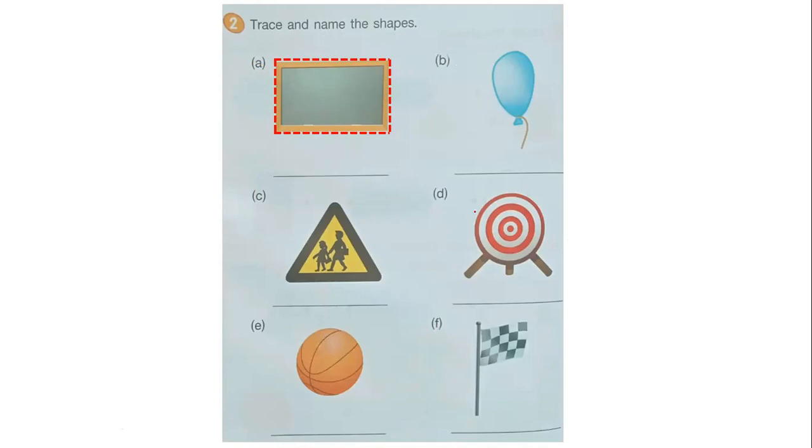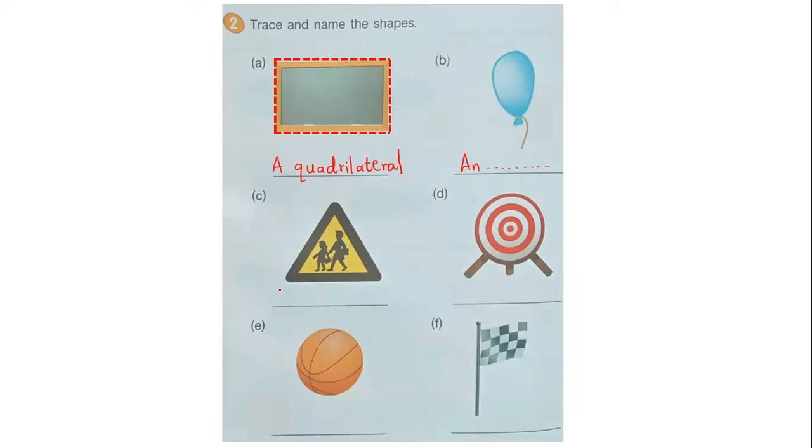Okay, so for part A, we can see that this is a quadrilateral. Okay, this is a quadrilateral. So what about this? You can answer and complete it. This is an... finish.